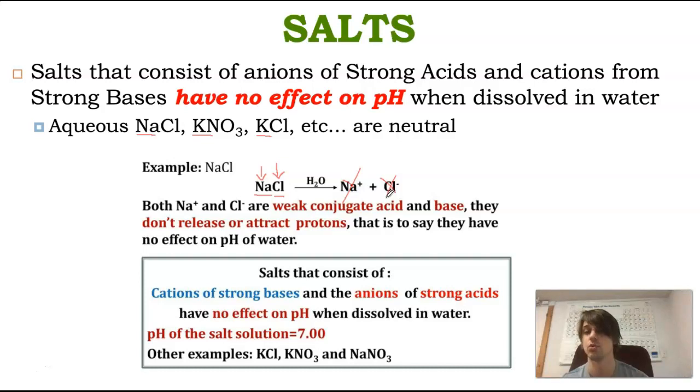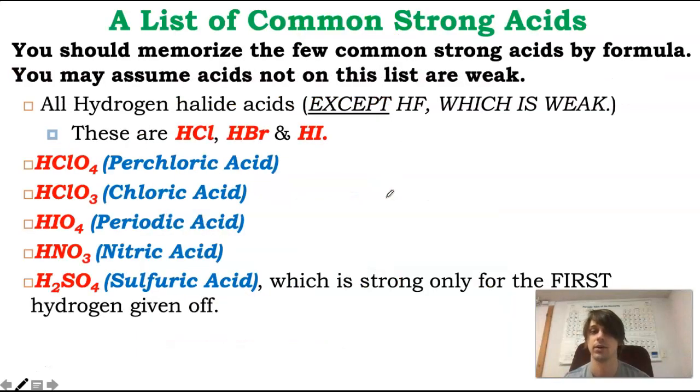Because they're so weak conjugates, all right? And any of these for strong acids are going to do that. Any of these anions, and notice they all start with H, so I don't need to worry about the cation. Any of these anions for strong acids don't affect the pH. They're all such weak conjugate bases, they do nothing to the pH.